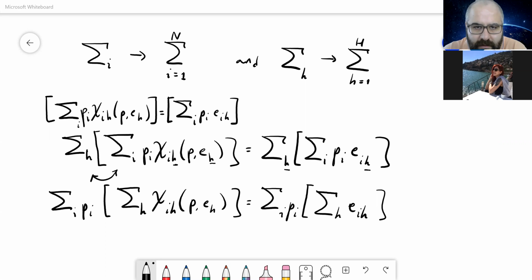So we assume that each person, each household H, spends the entire income for consumption purposes. So this is the budget constraint of H. Then I take a big summation over households for both sides.